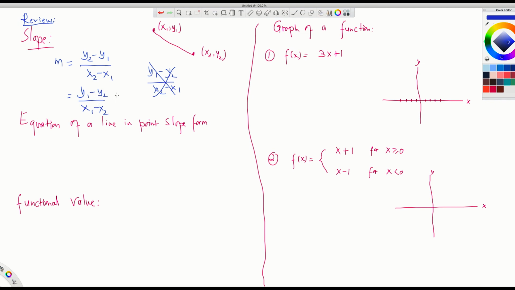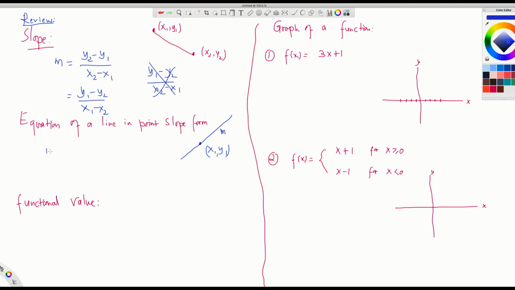That is the formula for the slope of a line joining the points (x1, y1) and (x2, y2). Also, another thing that you saw in college algebra is the equation of a line in point-slope form. Meaning that if you have a point given, (x1, y1), and you have the slope of the line, m, then how do I find the equation of this line?